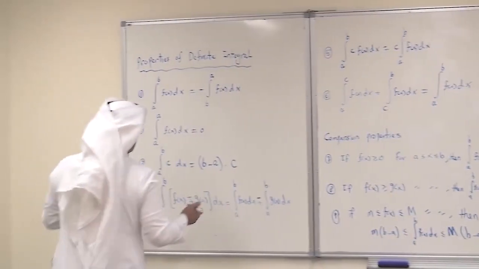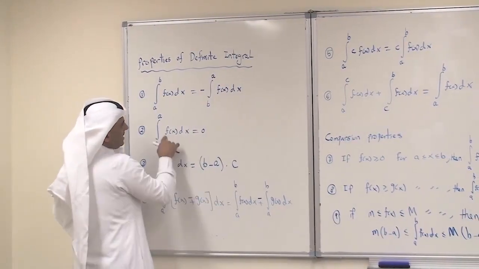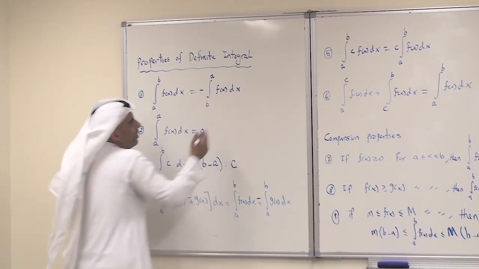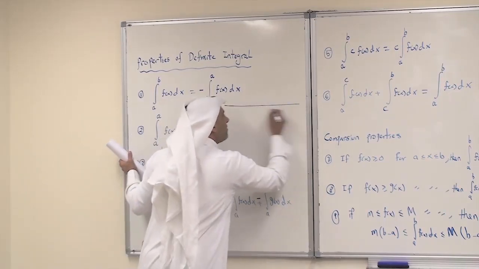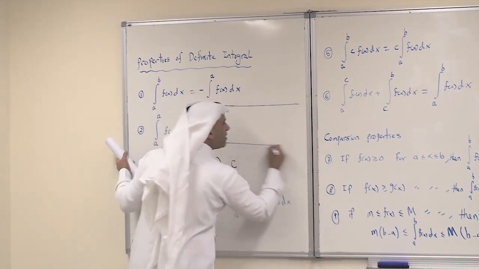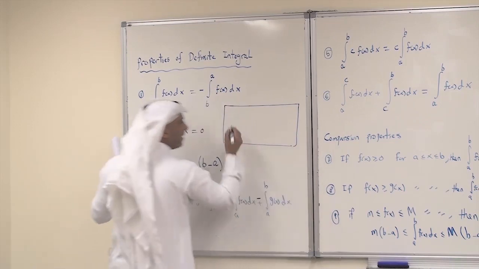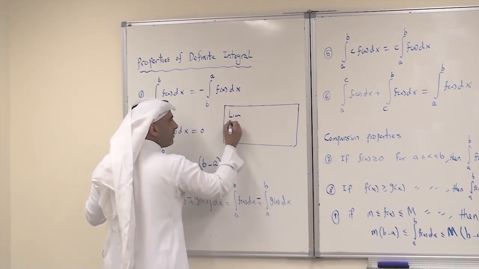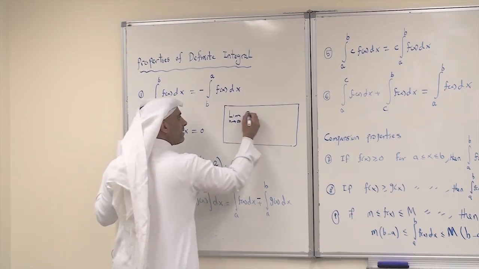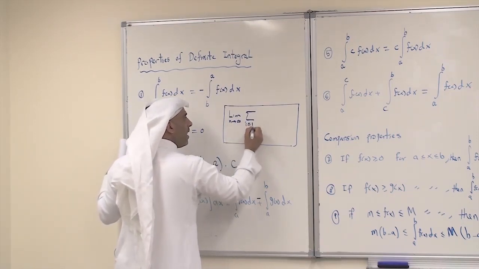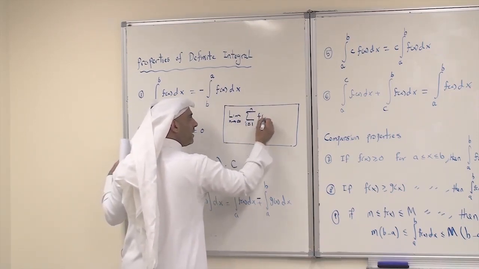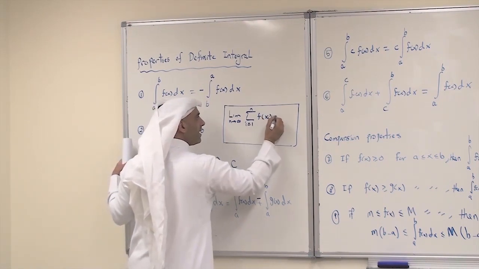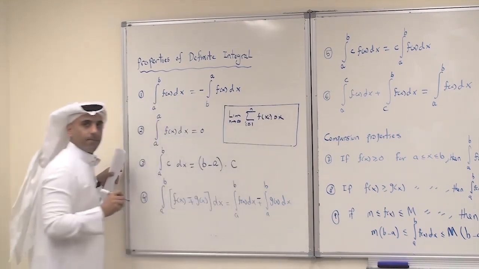For example, if we need to show that this is equal to 0, what should we do? We always go back to the definition. What is the definition of the integral? It says the integral is the limit as n goes to infinity, if you remember, of the summation from i equal to 1 up to n of f of xi delta x, if we choose the right endpoints.